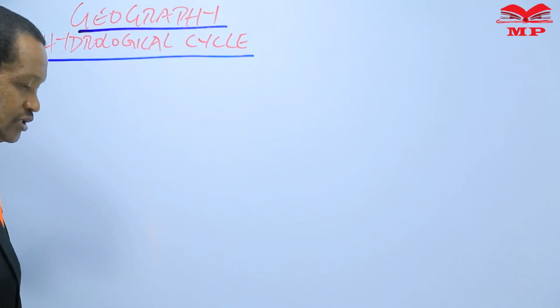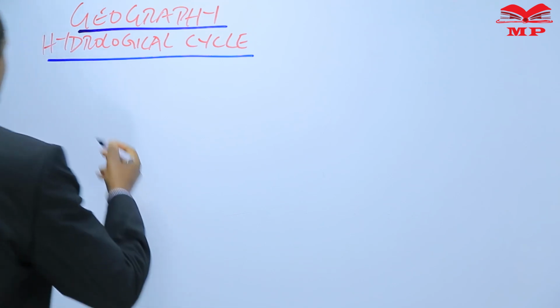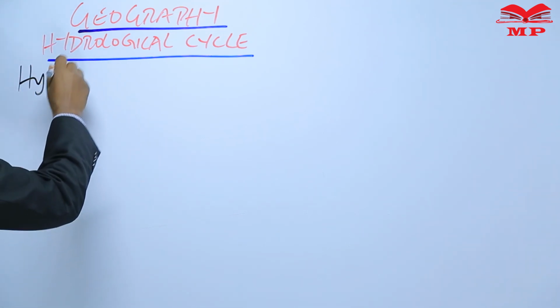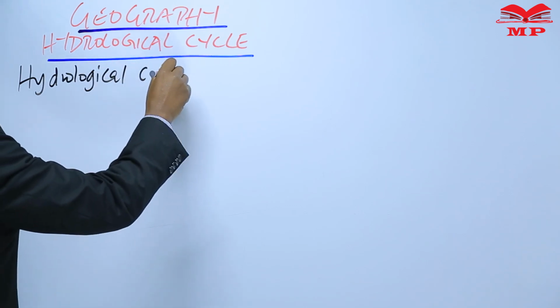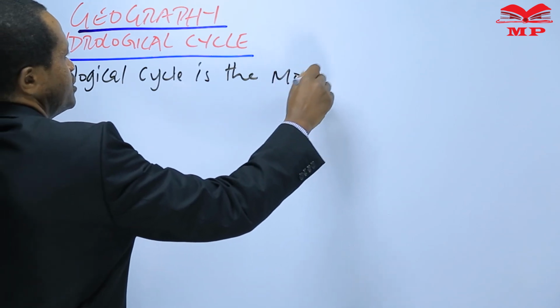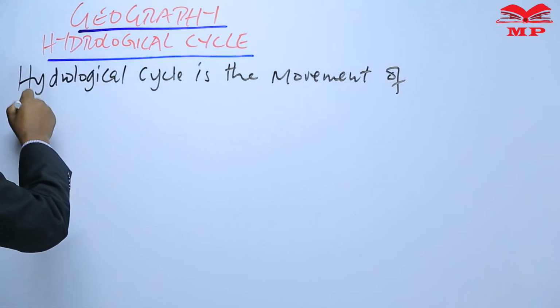So learners, we defined hydrological cycle. We said that hydrological cycle is the movement of water.